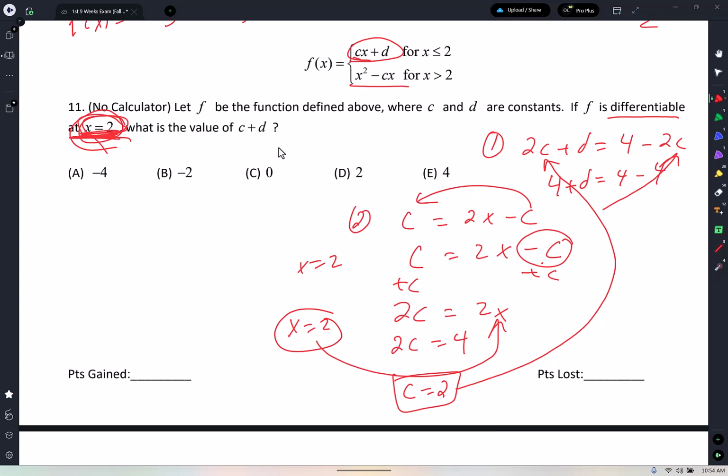So it looks like d equals negative 4, because 4 minus 4 is 0. When I move that 4 to the other side, it's negative 4. So c plus d, 2 minus 4, so negative 2.